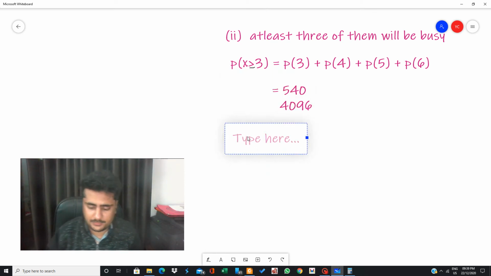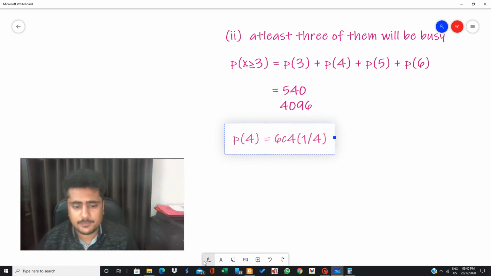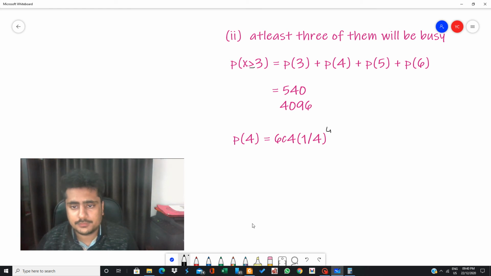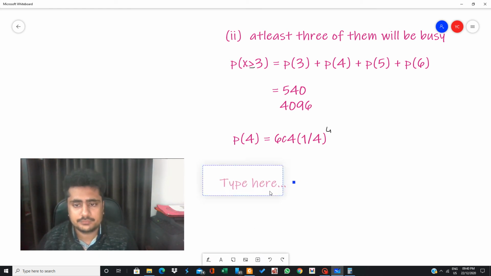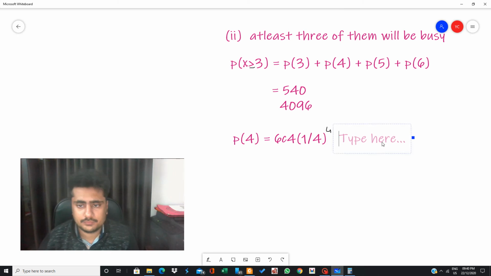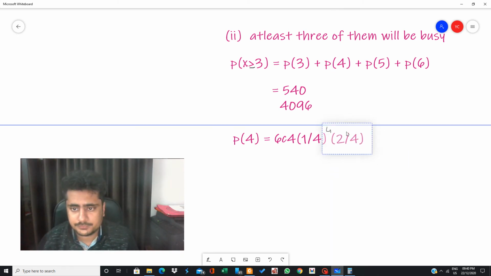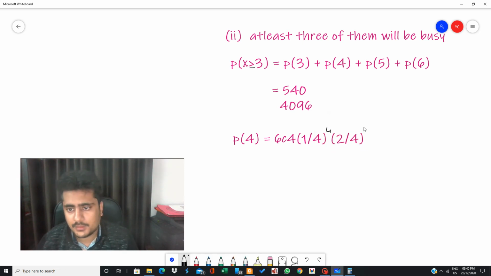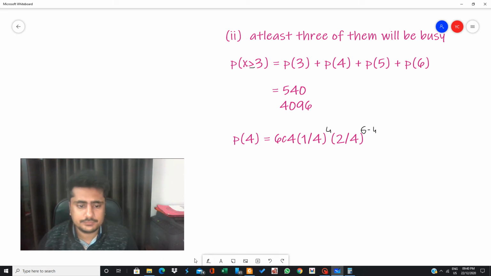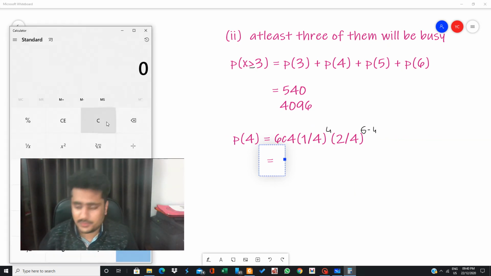So let us find P of 4. Now your P of 4 is 6C4, 1 by 4 raised to 4, 3 by 4 raised to 6 minus 4. What is my 6C4? 6C4 is equal to 6C2.